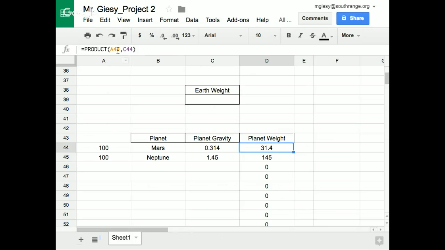So what am I multiplying? I'm multiplying C49 times this cell. This cell times this cell. Hit enter.